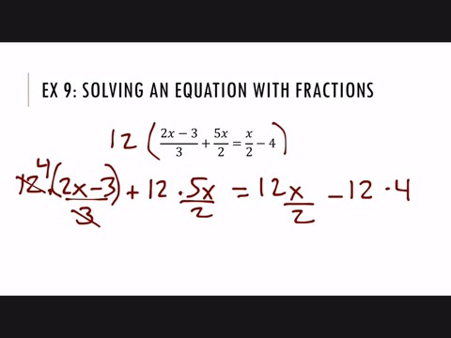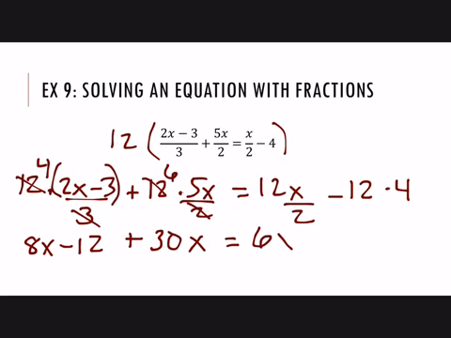So 4 times 2x is 8x. 4 times negative 3 is negative 12. Here we have 12 divided by 2 is 6, and 6 times 5x is 30x. 12 divided by 2 is 6, so 6x. And then the last term, 12 times 4 is 48.